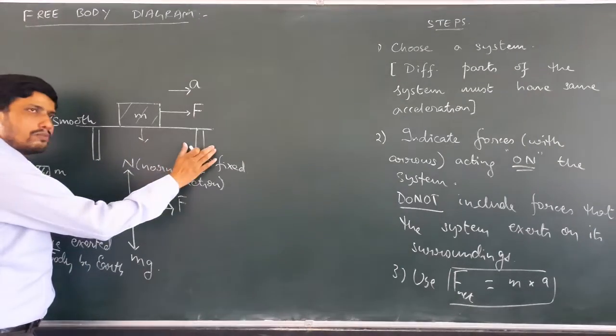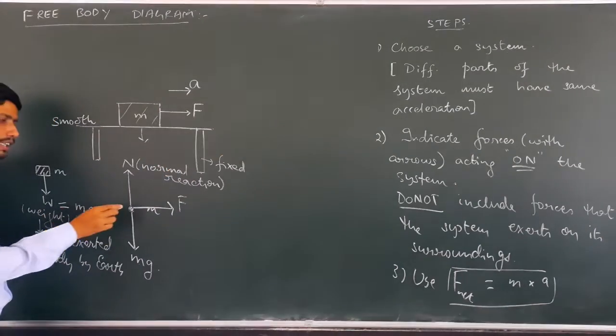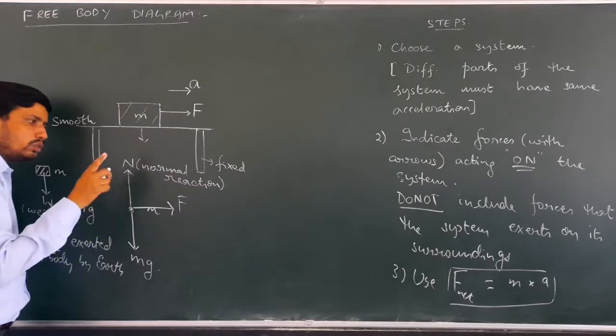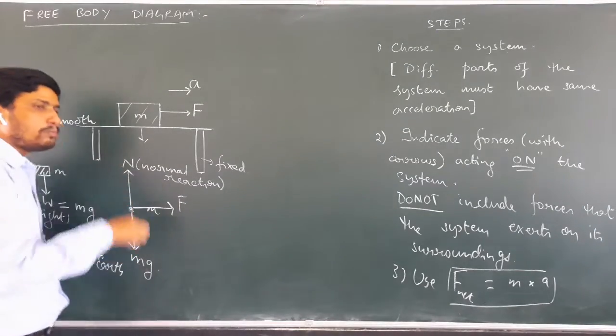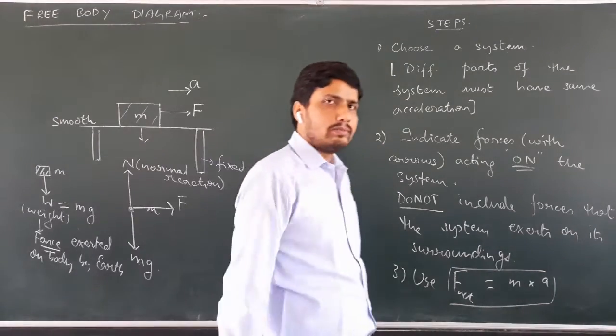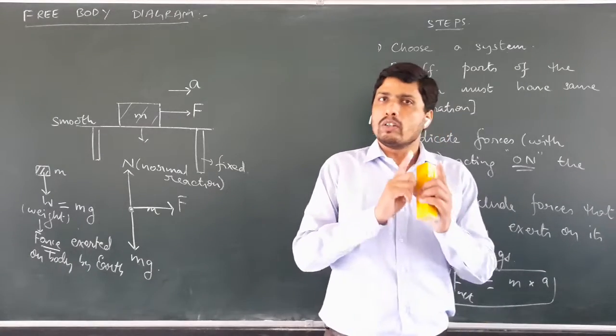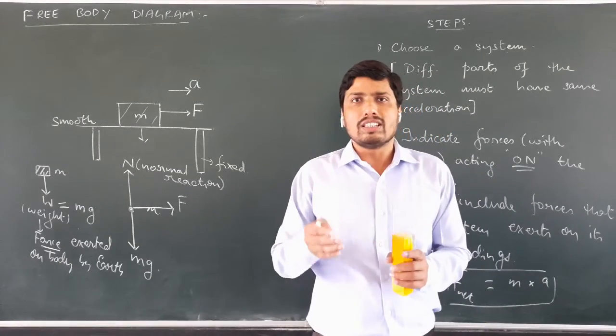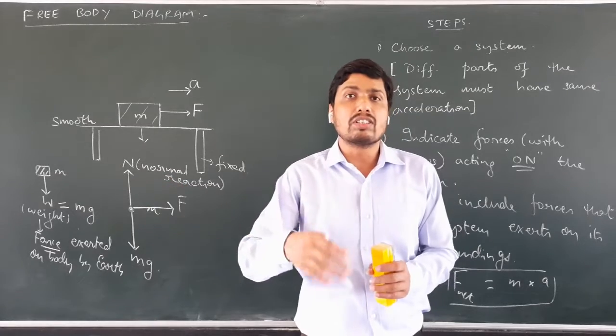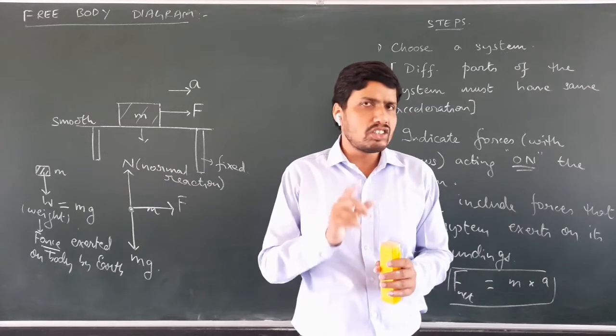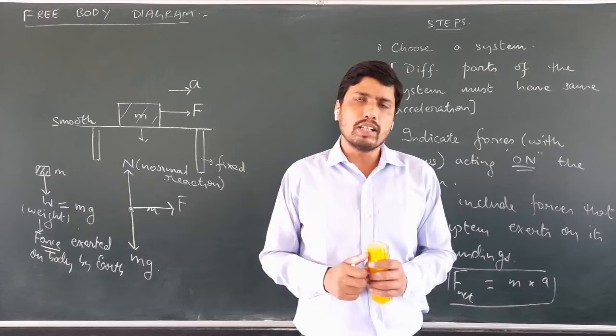My system is the block. That's why we have to indicate only those forces which are acting on the block by the surroundings. We will not include the forces which the system, this block, exerts on other objects. This is the most crucial point in the free body diagram.